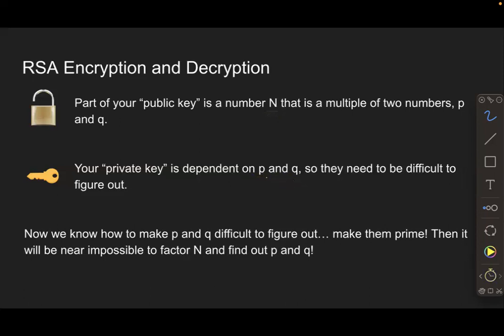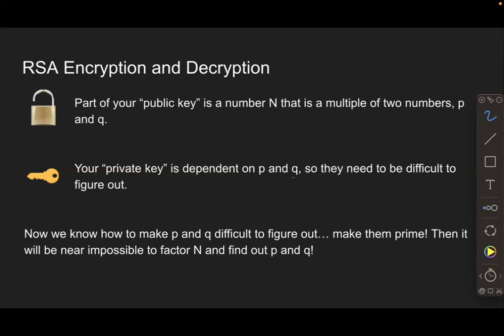And now we know how to do that. We can just make them really large prime numbers. If N is the product of 2 really large prime numbers, P and Q, even if we have N, we don't know how to factor out N. So we don't know how to get P and Q. This is the foundation of how you choose your public and private key: you choose this big number N that's a product of these 2 large primes, and these are used to create your private key.